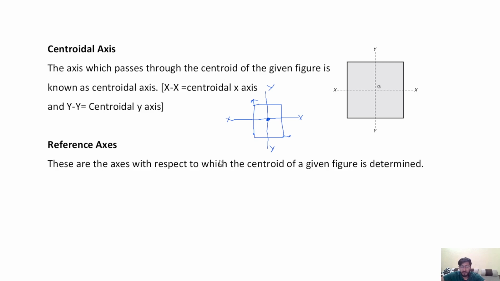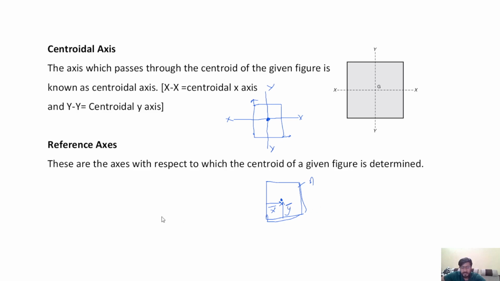And reference axes are the axes with respect to which the centroid of the given figure is determined. That means if we consider this rectangular plate having area A, and the centroid of the rectangular plate is this point, so this is the coordinate of the centroid, that means x bar, and this is the coordinate of the centroid, y bar.